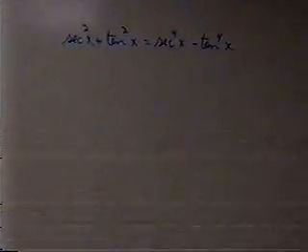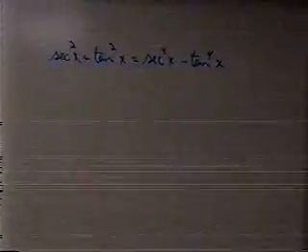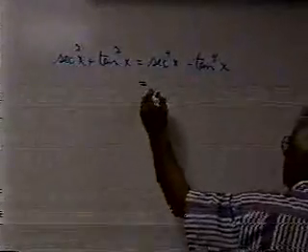We have secant squared plus tangent squared is equal to secant to the 4th minus tangent to the 4th. Well, normally the way of working this is take the more complicated side and get it to go to the other side. So what we'll do then is take the right side of this and factor.